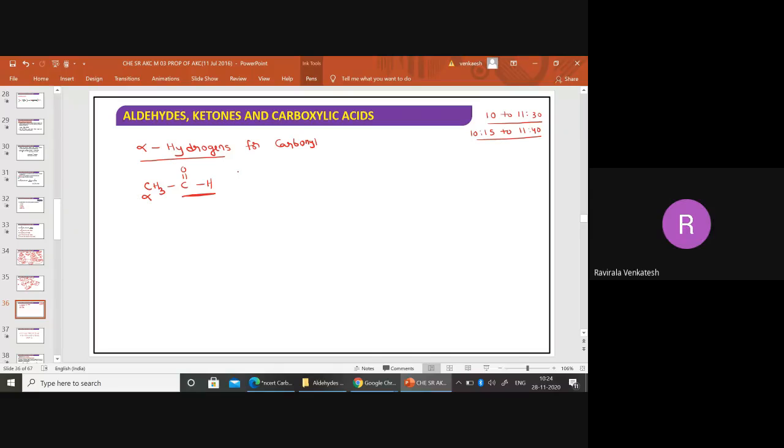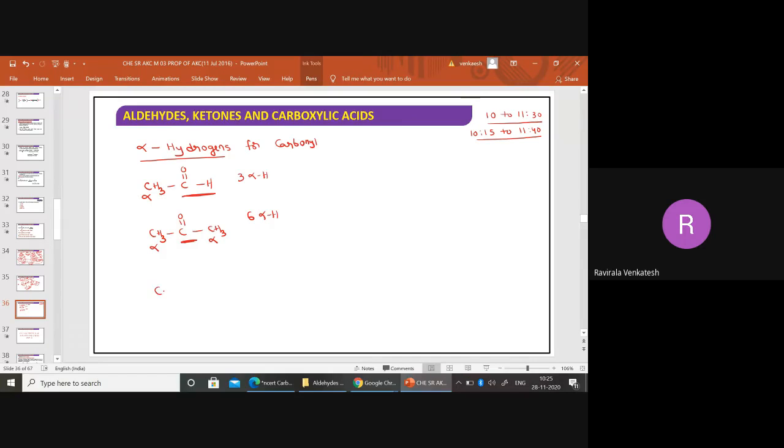For example, if I write it like this, this is a functional group. How many alpha hydrogens? 6. This is an alpha carbon, and this is also linked to the functional group, so both are alpha carbons. Therefore 6 alpha hydrogens are there.